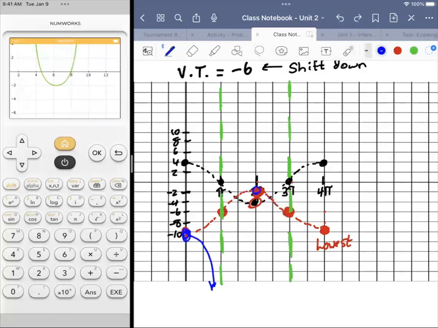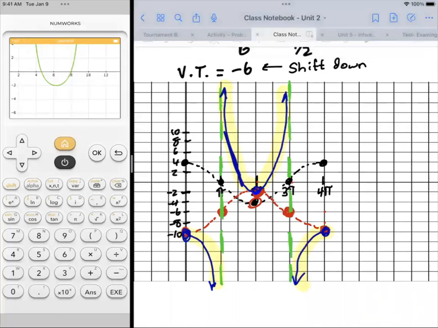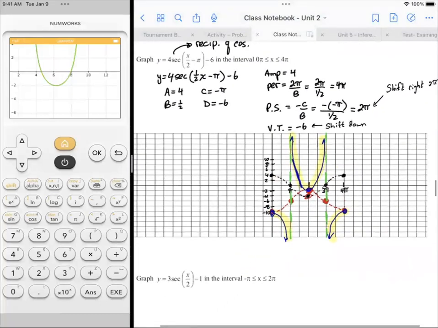I want it to face up, so flip it. I got a part here that's facing up. I want it to face down. And that would be my curve. And again, like I said, throw a little highlighter on it just to emphasize, and you have the appropriate graph.